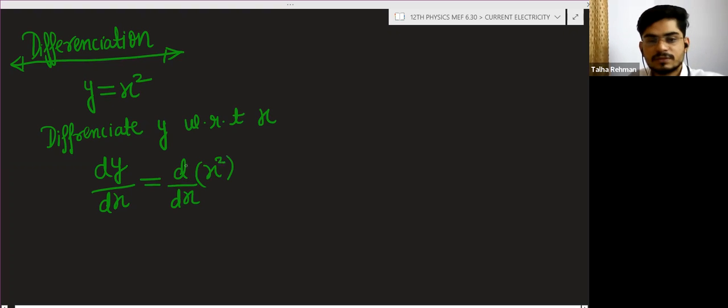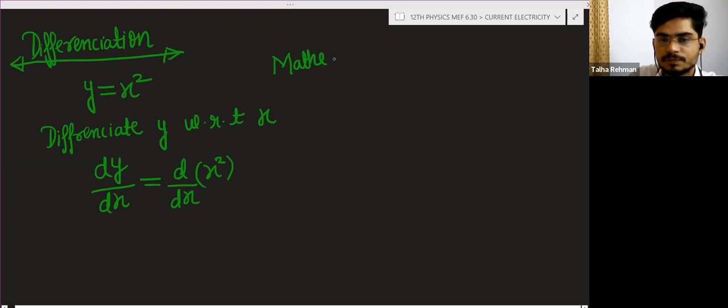This dy by dx is a mathematical tool. Differentiation is a mathematical tool.